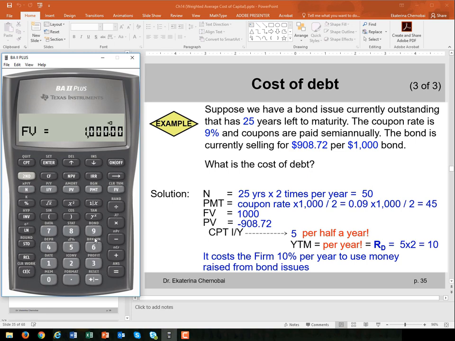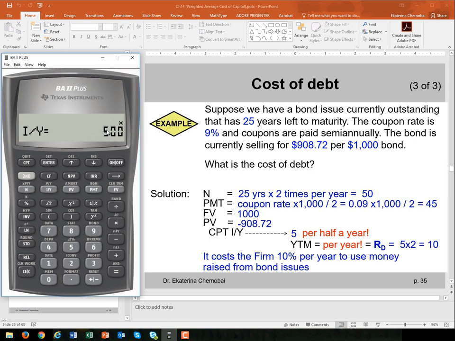PV is negative 908.72, so 908.72, then I'm changing it to negative with the plus minus key, and then I save it as PV. And I'm computing IY. So I press compute and then IY.